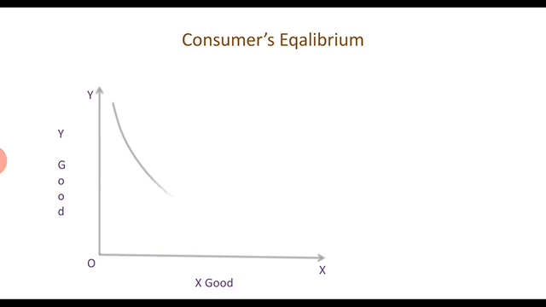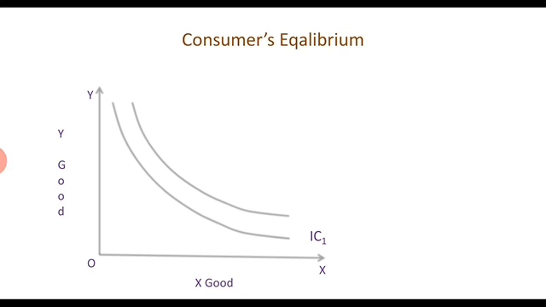Consumer's equilibrium. Consumer's equilibrium was explained by J.R. Hicks with two basic conditions.